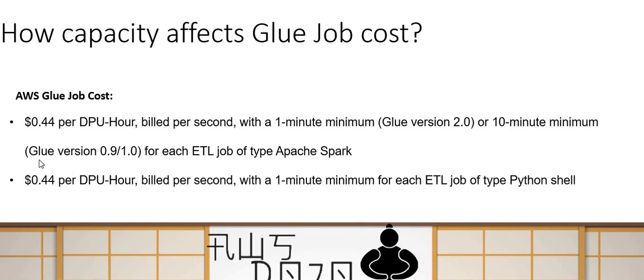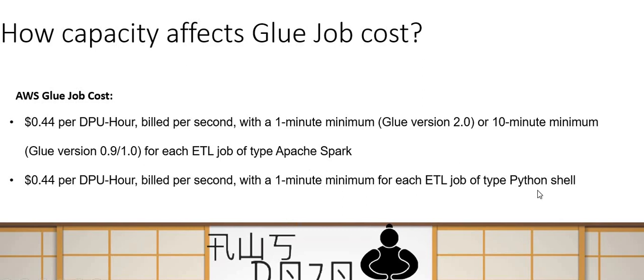In case of Glue 0.9 or 1.0, it's the same cost, 0.44 per DPU hour, but your minimum billing duration is 10 minutes. Your billing will not be less than 10 minutes, even if a job finishes within 10 minutes. And this is for your Apache Spark jobs.